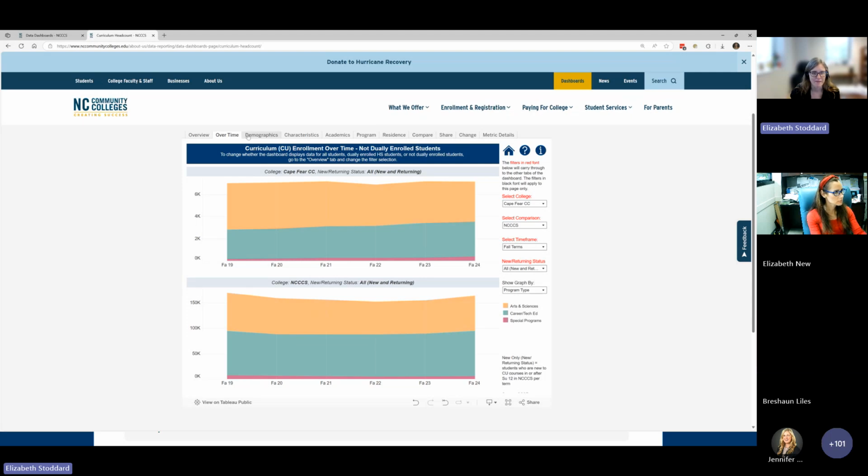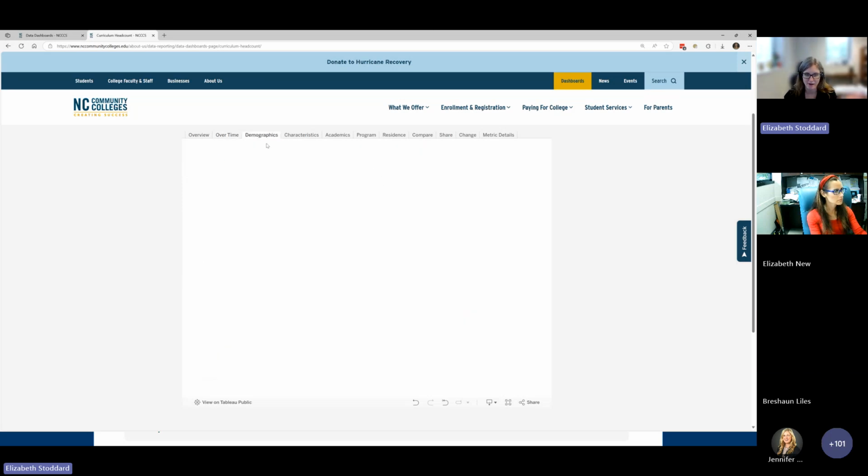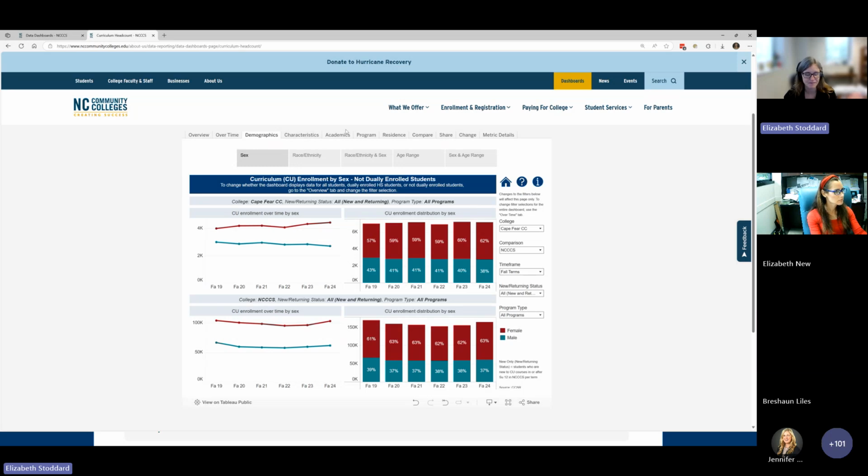I'm going to skip over the next few pages of this, but these pages just disaggregate your enrollment by different student demographics, characteristics, and academic characteristics and program. But I'm going to go into the few tabs here at the end.